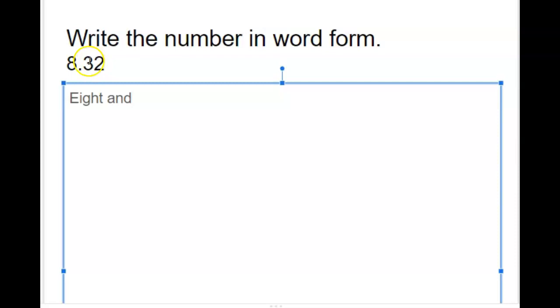In this case, we have 32 and the 2 is in the hundredths place. So we will say 8 and 32, and then because it's in the hundredths, we say hundredths. Okay, and that right there is written in word form, 8 and 32 hundredths.